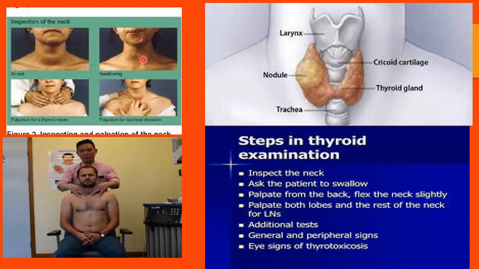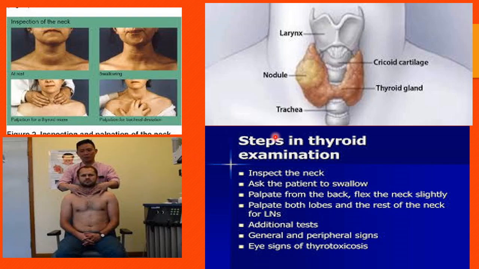You inspect from the front, ask the patient to take some sips of water. Or from the back, and here looking for the tracheal deviation. And this is the general position, the picture shown just now. Patient sitting on a chair. You go behind and use both your hands to palpate the thyroid, right and left side.